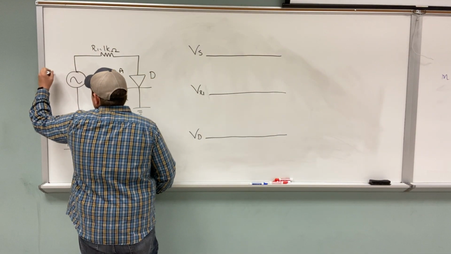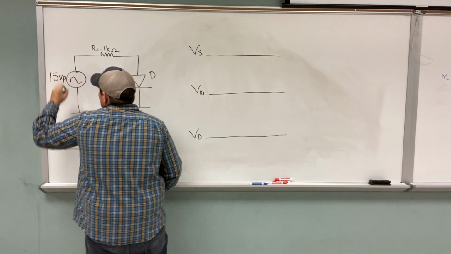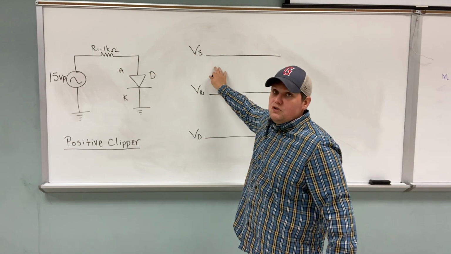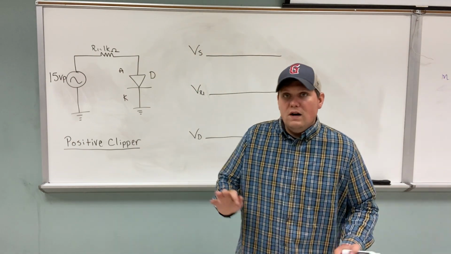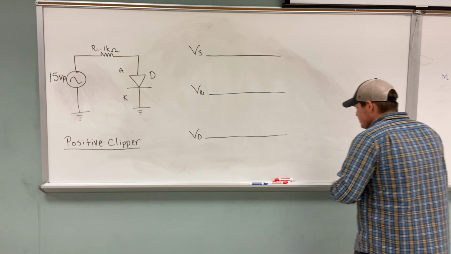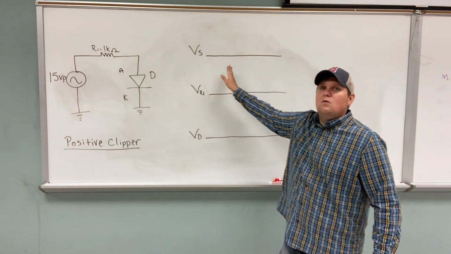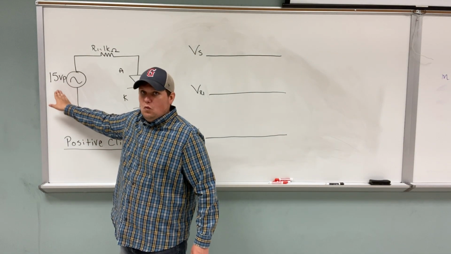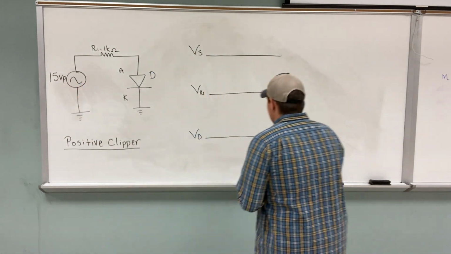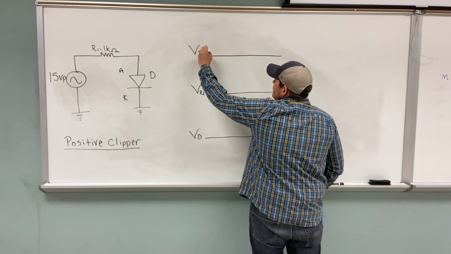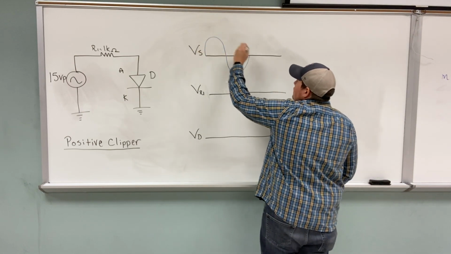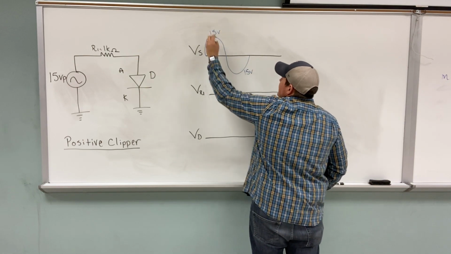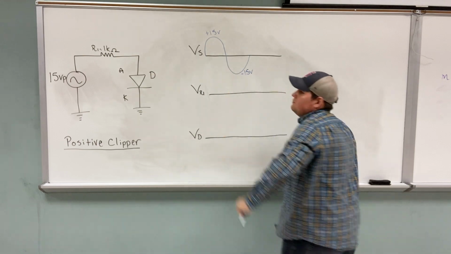We're going to say that this is 15 volts peak. First, I want to draw Vs here. I'm going to draw what my waveform would look like. This is just a 15 volt AC source, so it's going to be a sine wave that is 15 volts peak in either direction.